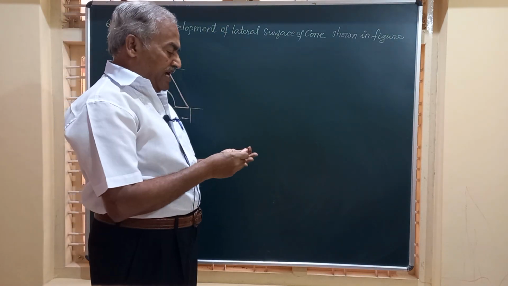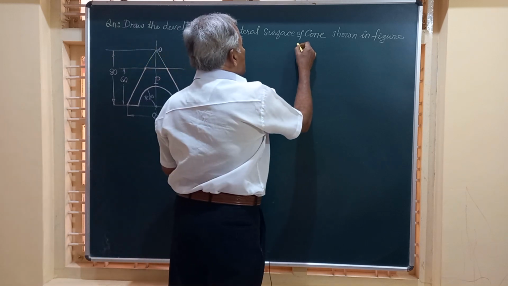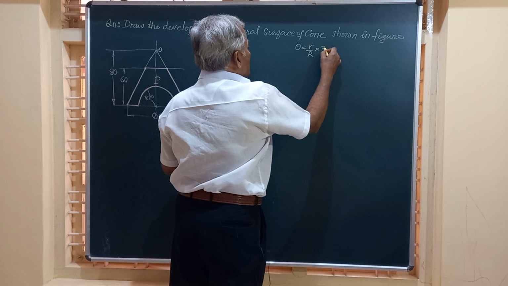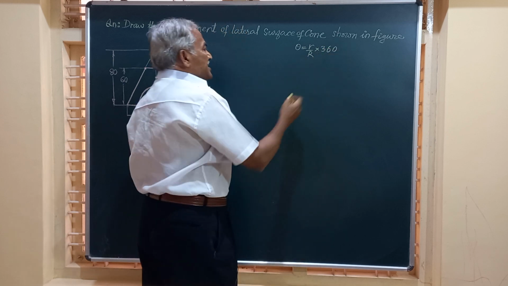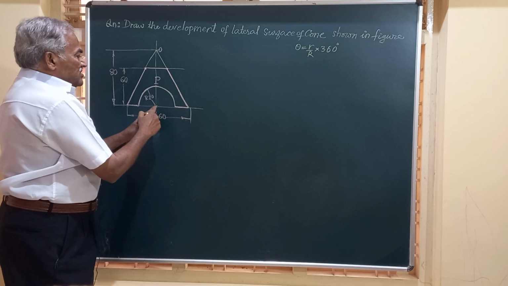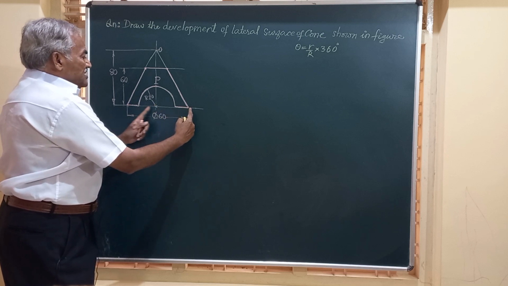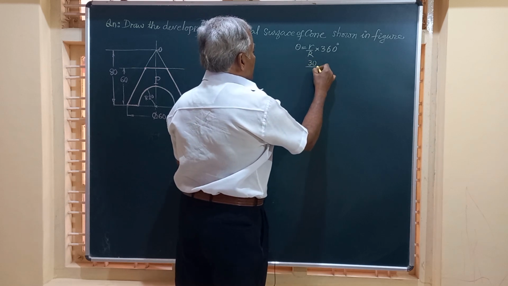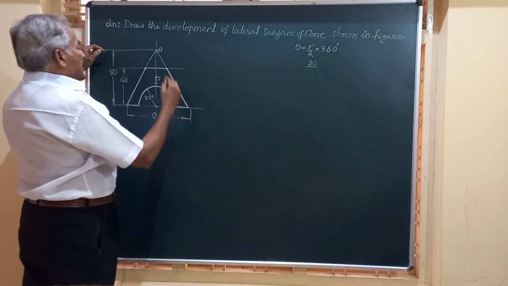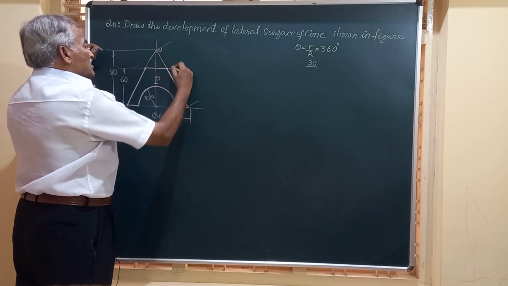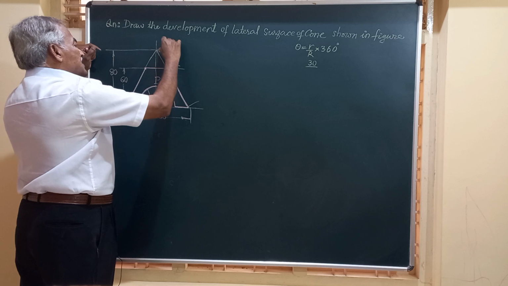For this, we have a formula: theta is equal to small r by capital R into 360 degrees, where r is the radius of the base. So this is totally 60, radius is 30, so this is 30 divided by R. R is the length of this slant generator or the end generator, which will be true in length.